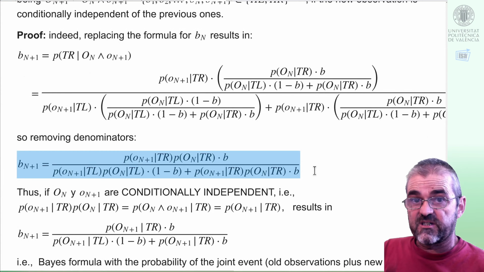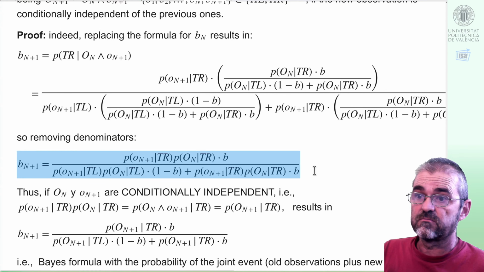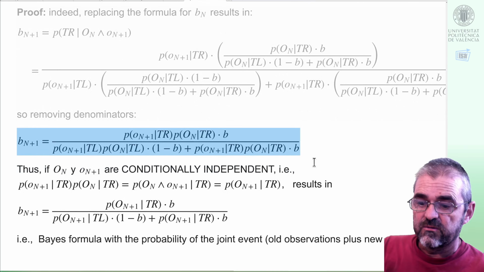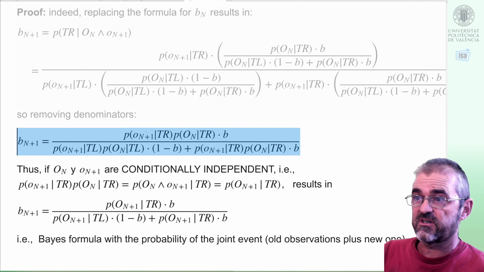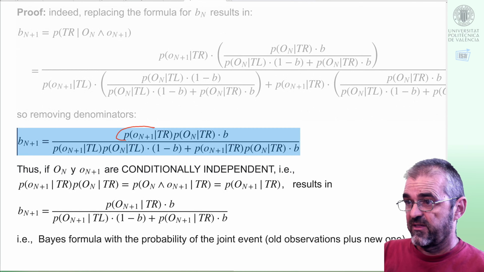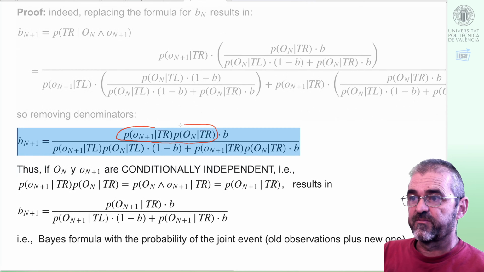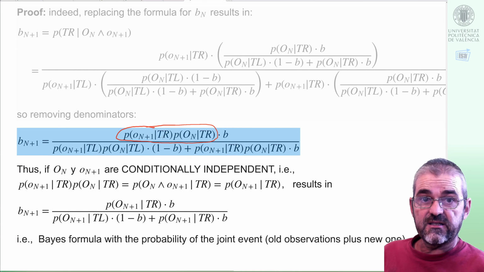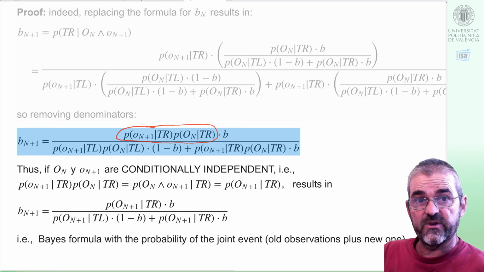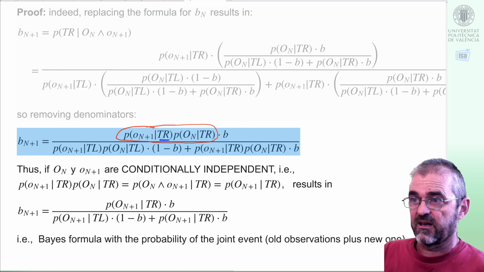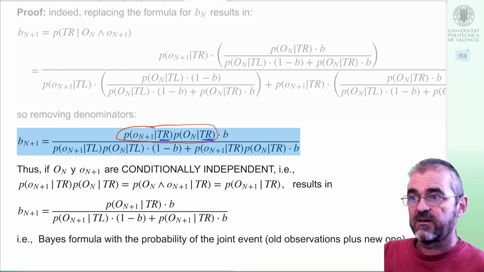Then we end up with this expression, and now we are going to use my conditional independence assumption, saying that if the next observation is statistically independent from the previous ones, if tiger does not switch side, then tiger is at the same side in here.